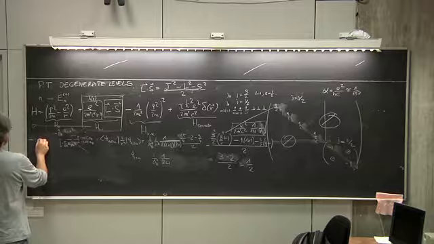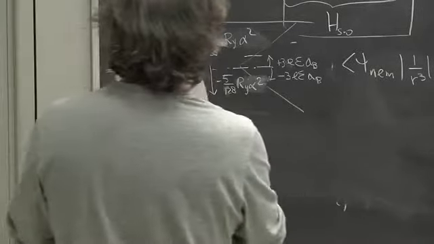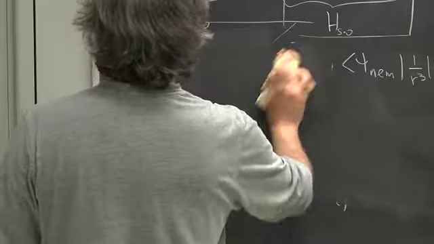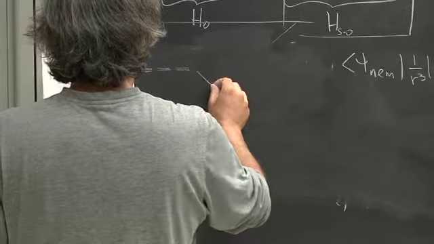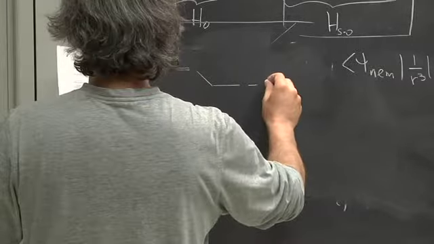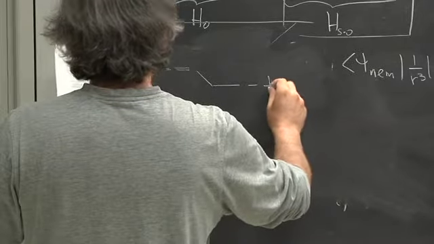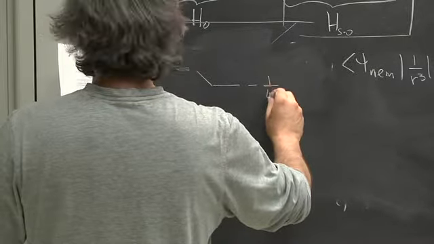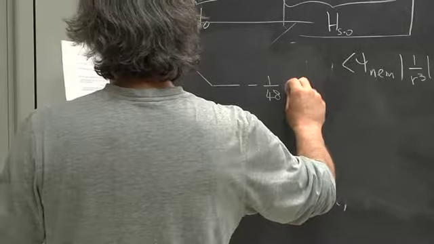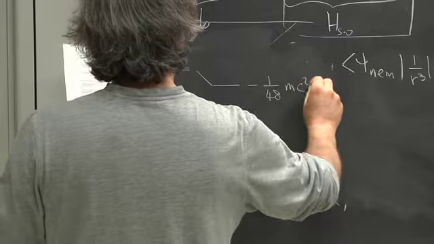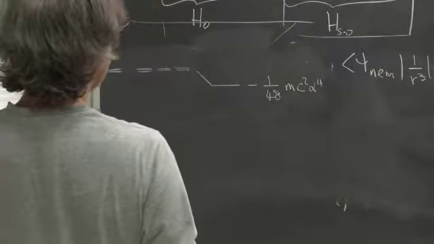The 2p are shifted by minus 1 over 48 mc squared alpha to the fourth, or if you want, alpha squared times the Rydberg.